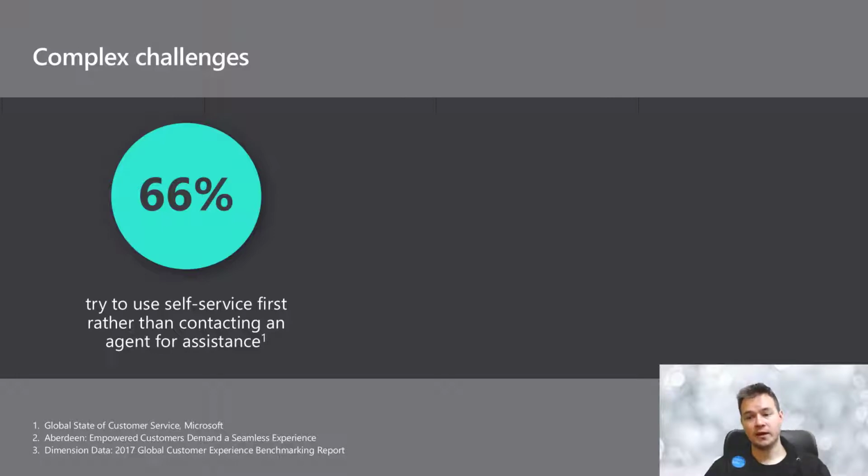Why is that? I am not a psychologist. I believe that it's easier for us to describe our issue in written words, rather than speaking to a person who may not always be able to answer our doubts, questions and issues.